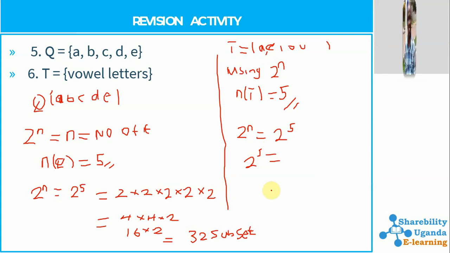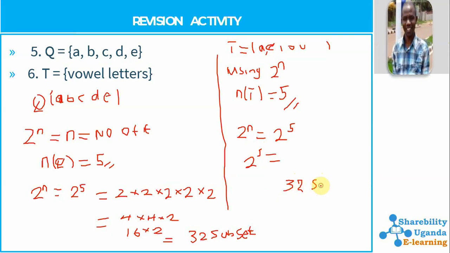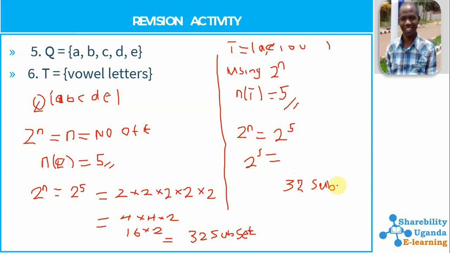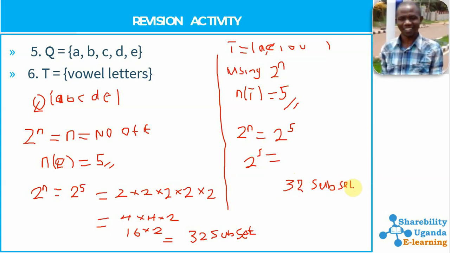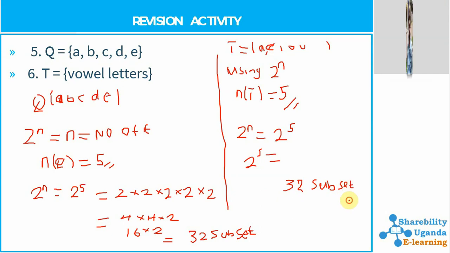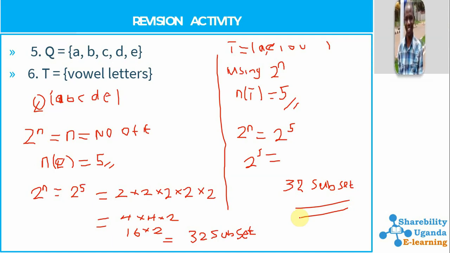So that means we also get 32 subsets within our set T.